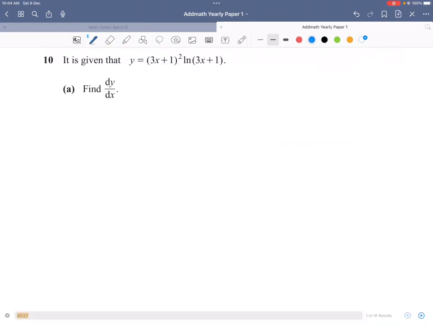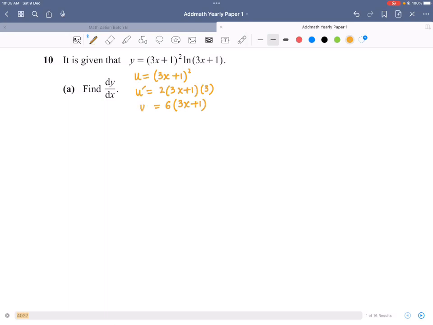Alright, it's question number 10. It is given that y is equal to (3x plus 1) square times ln of (3x plus 1). We need to find dy over dx. So we need to apply the product rule here. So I will say that u is equal to (3x plus 1) whole square, and the derivative of u is 2 times (3x plus 1) times 3, and that is equal to 6 times (3x plus 1).